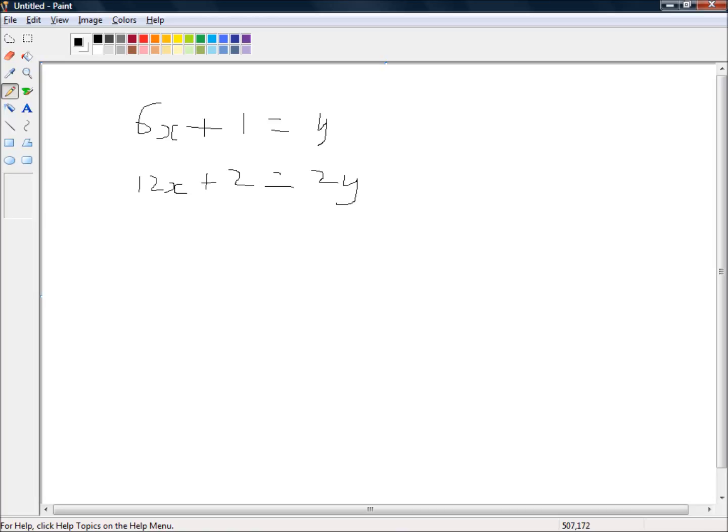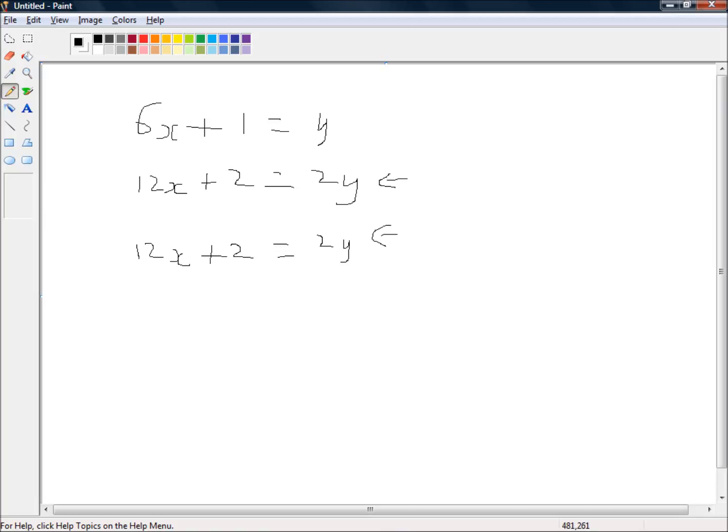Okay, well, if you spotted that this second equation is just the first equation multiplied through by 2, then well done. But let's just take this first equation here and let's double it. So we're going to multiply 6x plus 1 by 2, so that's equal to 12x plus 2, and that's equal to, and y times 2 is 2y.